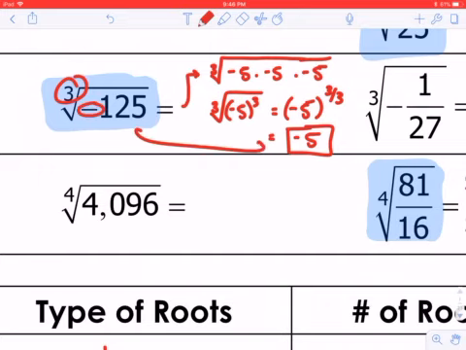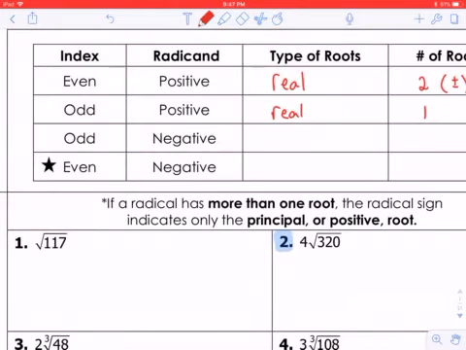Well, notice when I solve this, I got a real number. So be aware of that. If you have an odd power with a negative radicand inside, we're going to get a real number from it, and one possible solution.